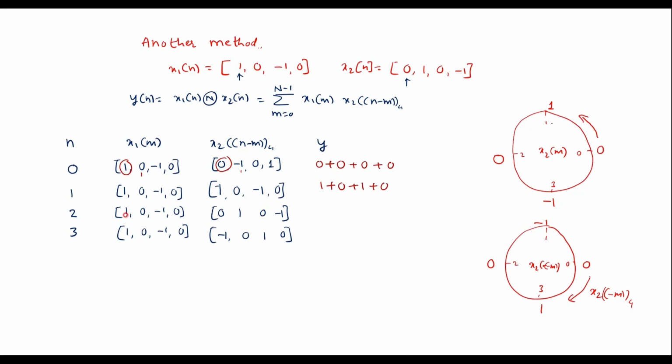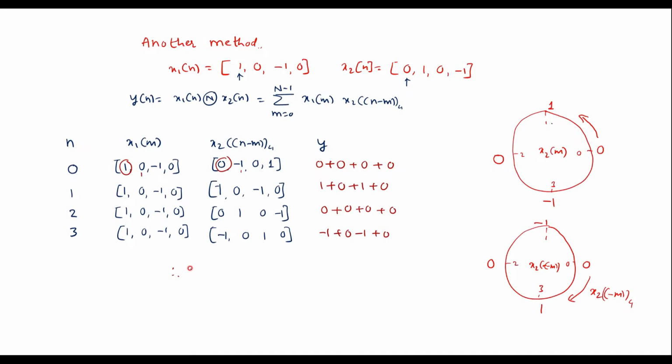Similarly for n equal to 2: 1 into 0 is 0, plus 0 into 1 is 0, minus 1 into 0 is 0, 0 into 1 is 0. Similarly here, 1 into -1 is -1, it is 0, then we have -1, then we have 0.